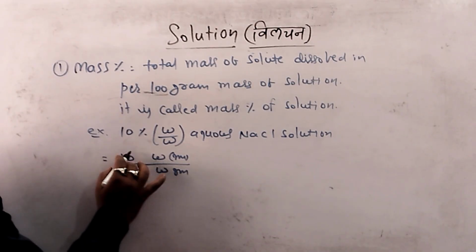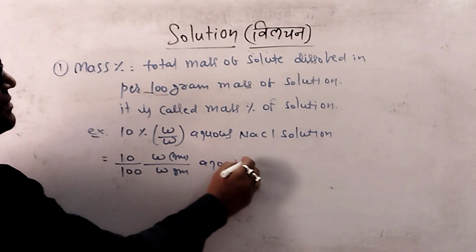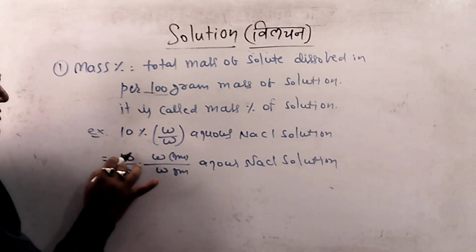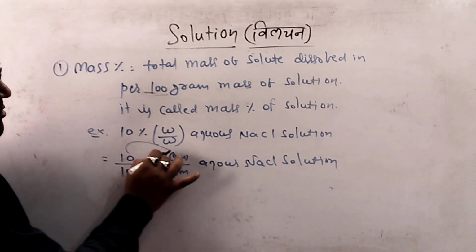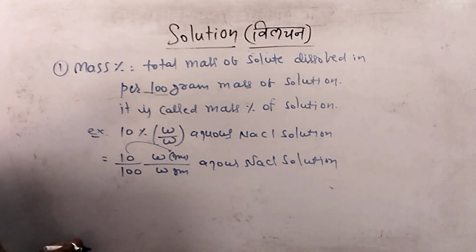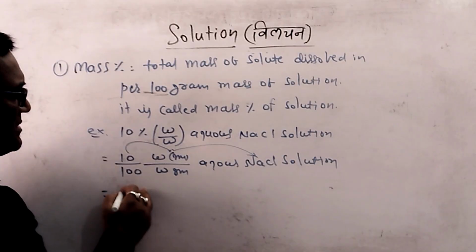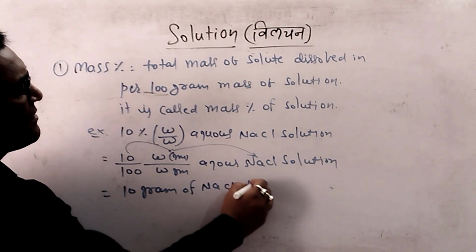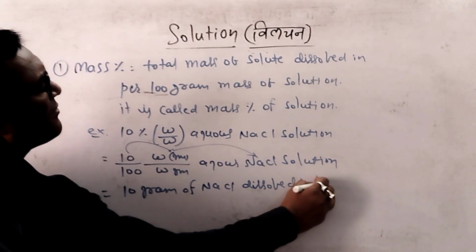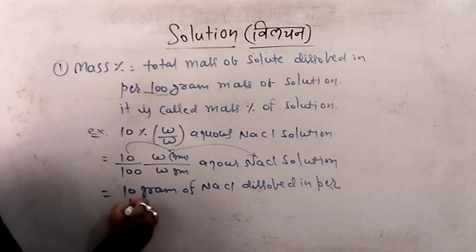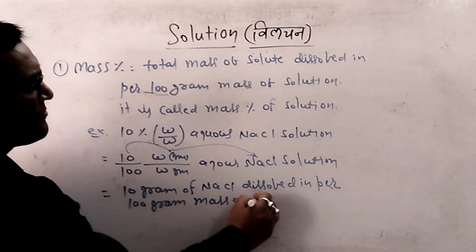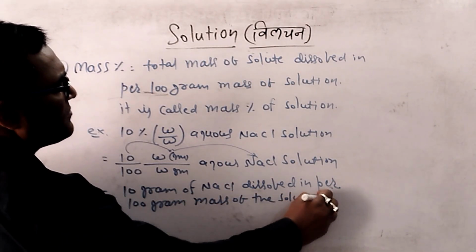So we can easily understand: 10 gram of NaCl dissolved per 100 gram mass of the solution.